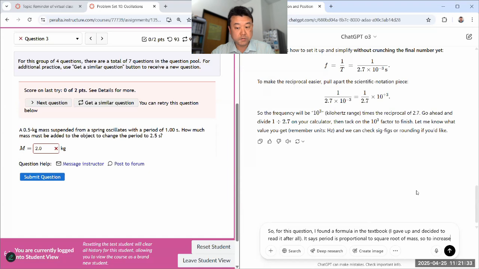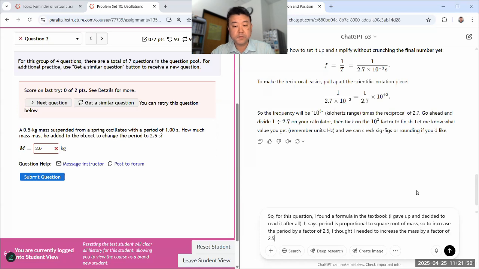So to increase the period by a factor of 2.5, I thought I needed to increase the mass by a factor of 2.5 squared. So wouldn't adding 2.0 kilograms to 0.5 kilograms do that?